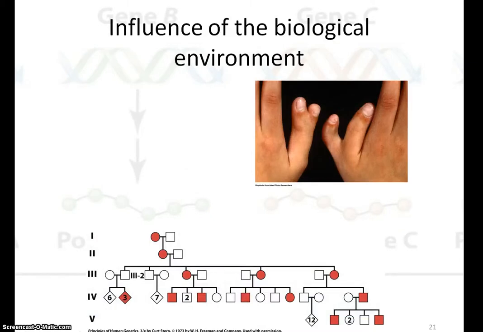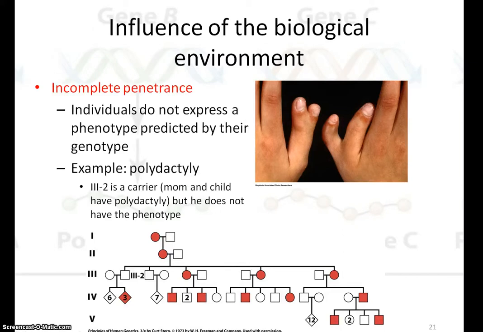Something else we see in terms of the influence of the biological environment on genetic expression and phenotype expression is something called incomplete penetrance. This is when individuals do not show a phenotype that you would predict based on what their genotype is. A common example here is polydactyly, which is essentially extra fingers. So you see here a sixth finger on both hands.